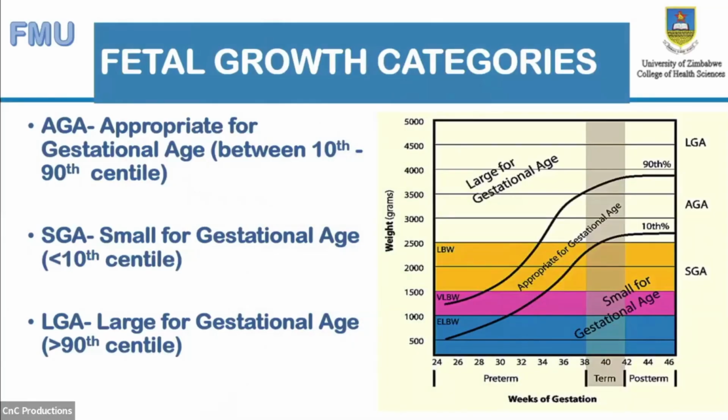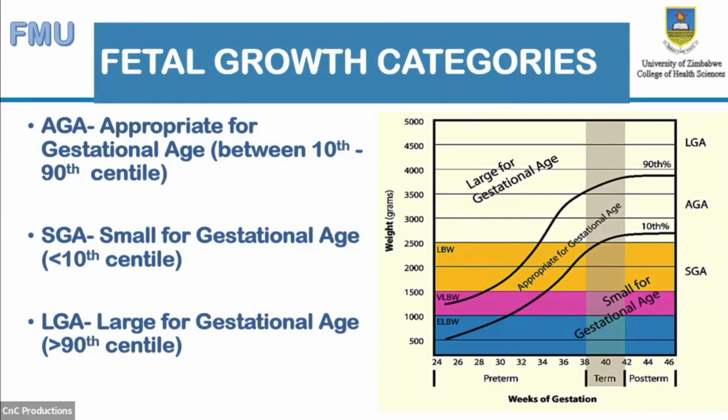On the graph, it's the one falling in the middle category. So when the growth is between the 10th and the 90th percentile, we say it's within the appropriate for gestational age range.